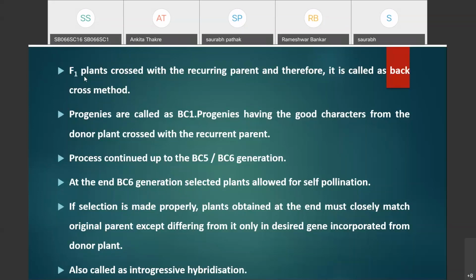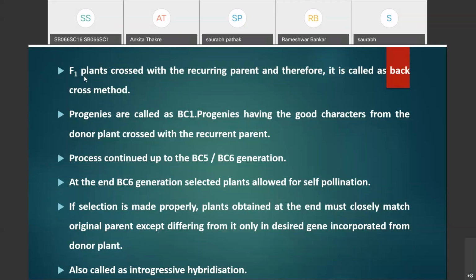The objective of the backcross method, or the objective of crossing the F1 progenies with the recurrent parent, is to recover the genotype of the recurrent parent with all the good characters.